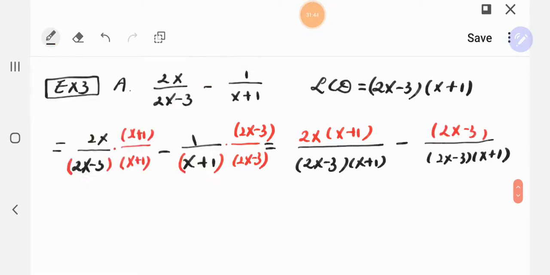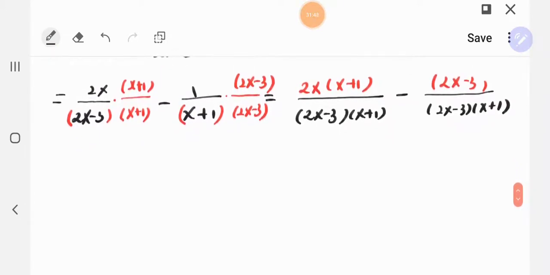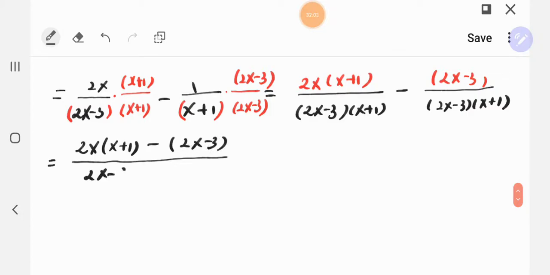Since we changed the original fractions in terms of the LCD, we can subtract the numerators. The numerator is 2x times x plus 1, minus the whole numerator of the second fraction. The denominator is 2x minus 3, x plus 1.